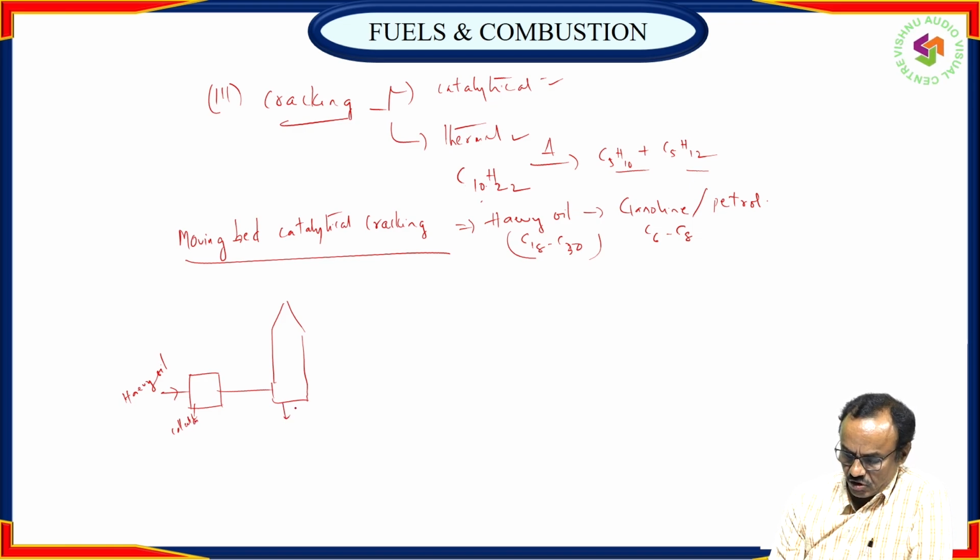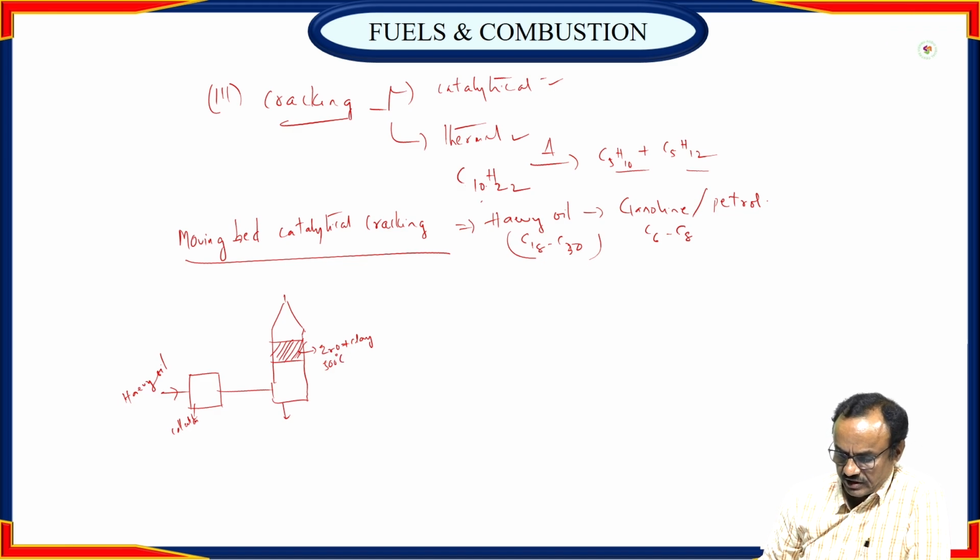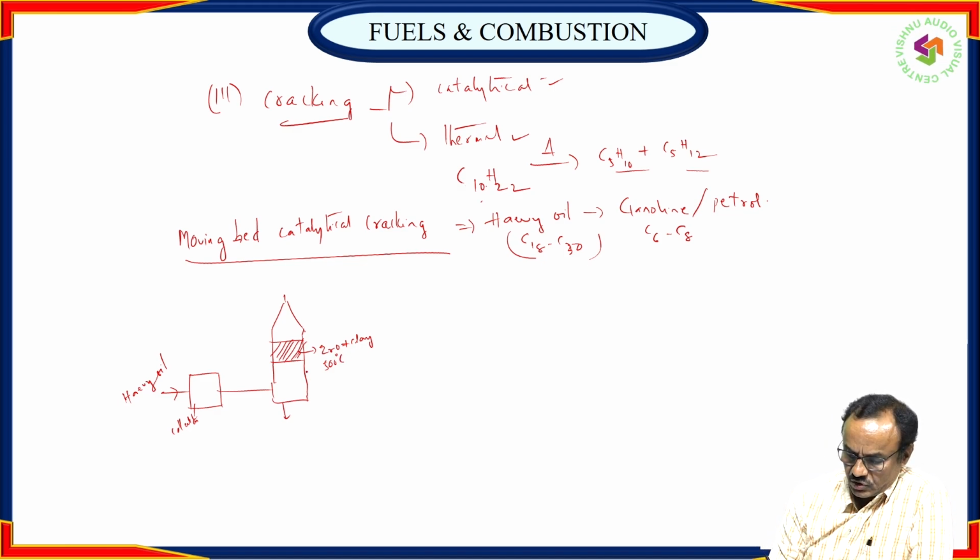This is a catalytical chamber with zirconia and artificial clay, where the temperature is maintained at 500 degrees centigrade. Then it passes into the fractionating column, consisting of only one horizontal tray for separation of two fractions only.